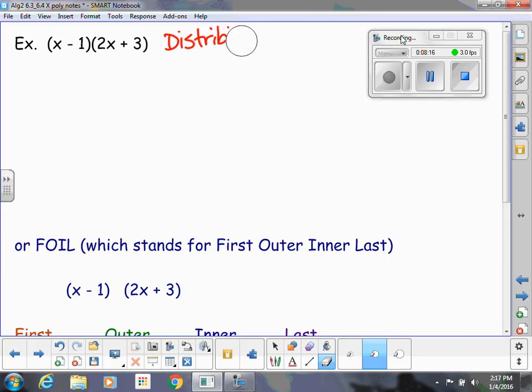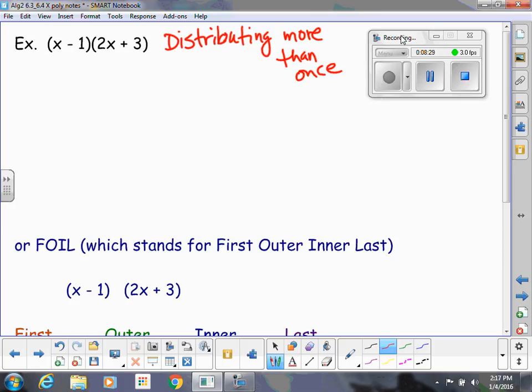I spelled that wrong. Distributing more than once. Okay, so it's like I'm doing x times both of those, and you've probably done that before. I'll write it out. A lot of people don't write it out this way, but if this helps you, you can do that too.